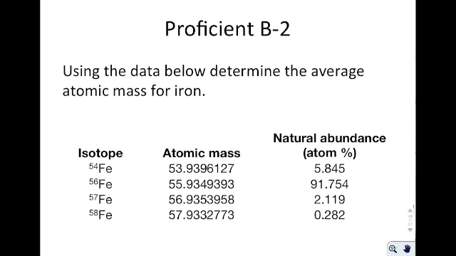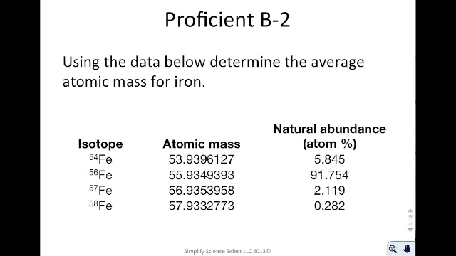Next, it says, using the data below, determine the average atomic mass for iron. Now, I'm going to set this one up for you, but I want you to finish it on your own. What you do, remember, is you always convert these percentages to a decimal. So you move it over 2. That's the same thing as dividing by 100. So it's 0.0584. It's 0.91754.